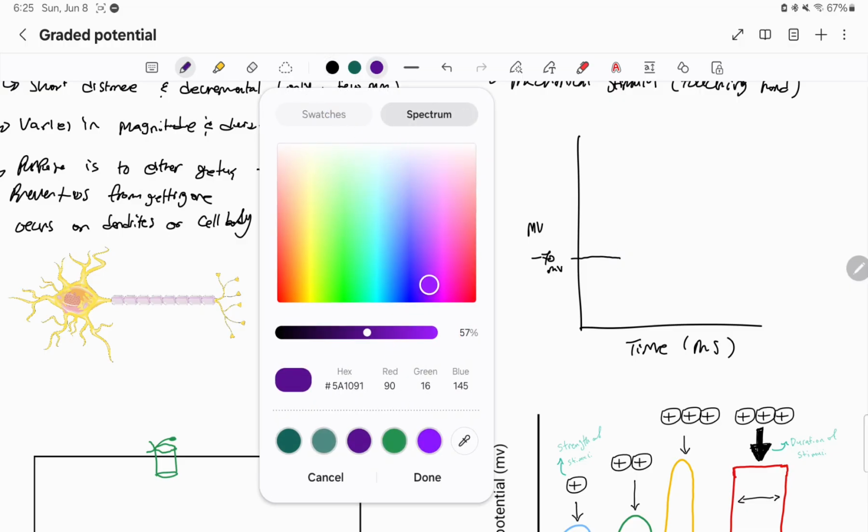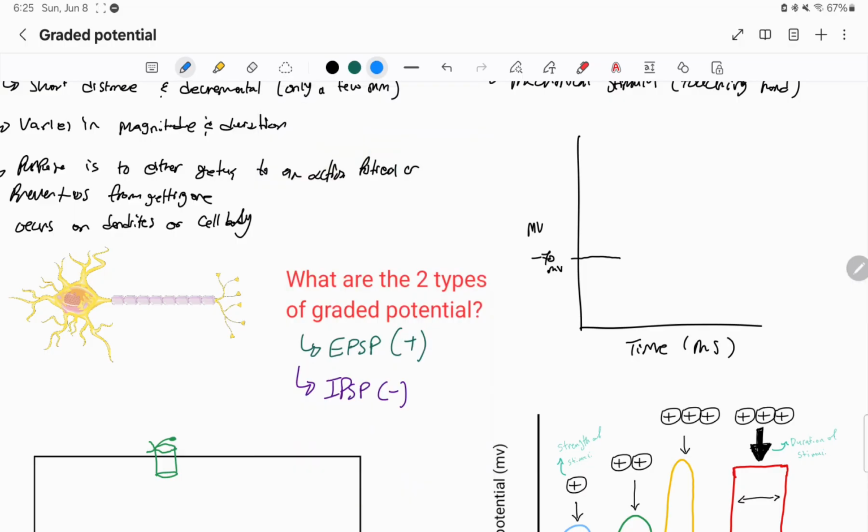But then something happens, and my resting membrane potential changes. The voltage increases. It becomes more positive. It travels in a more positive direction.